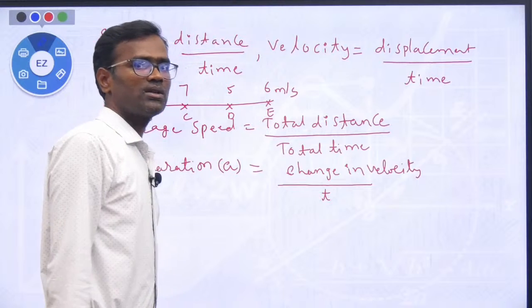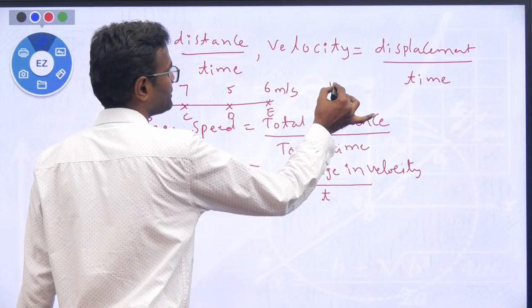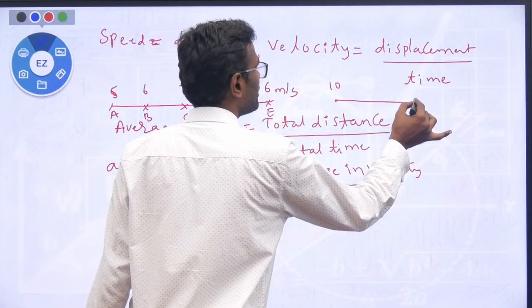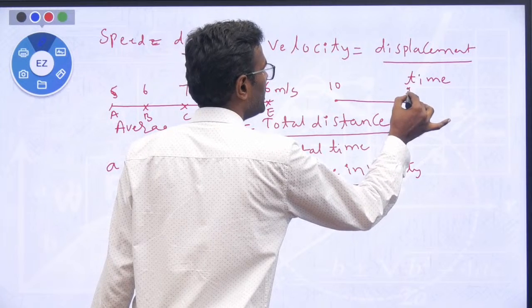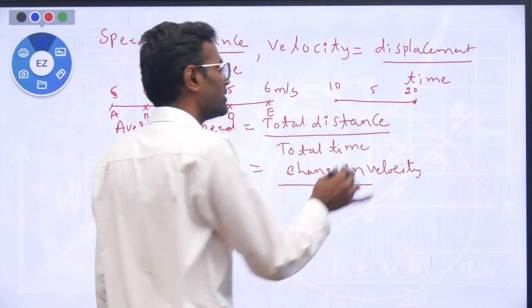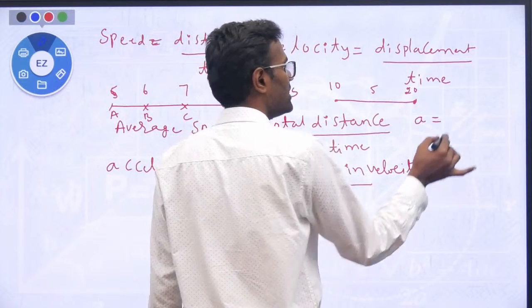Change in velocity: what is the starting speed? 10. Due to application of the force, that speed becomes 20 after 5 seconds. Then what is the acceleration? Acceleration equals change in velocity.